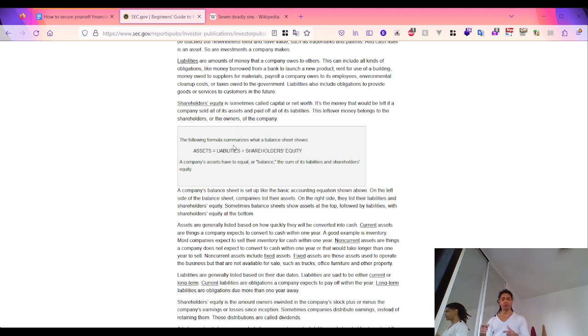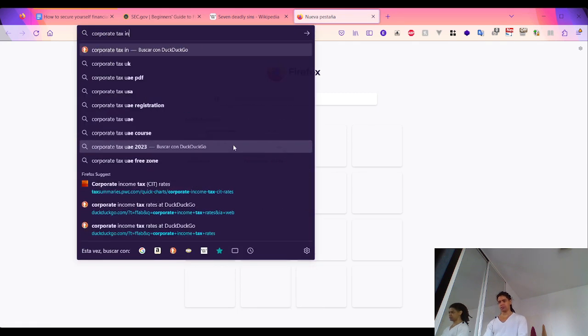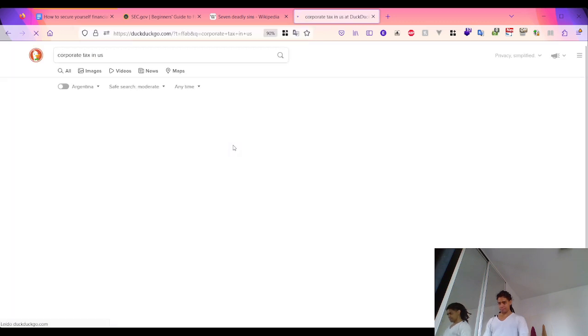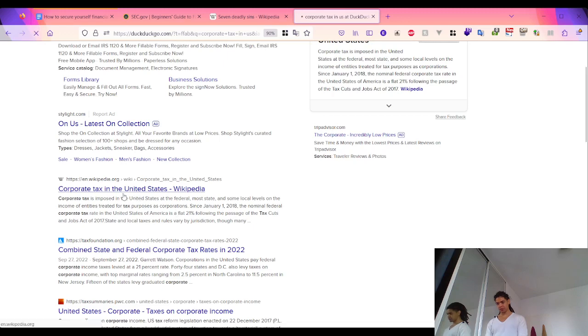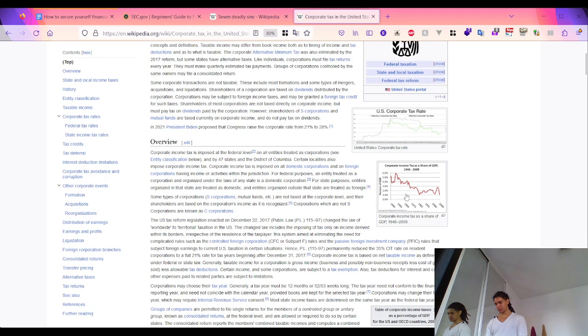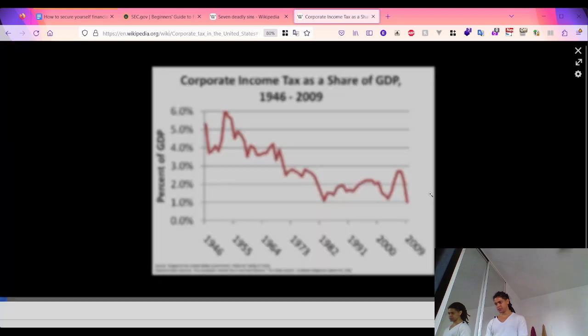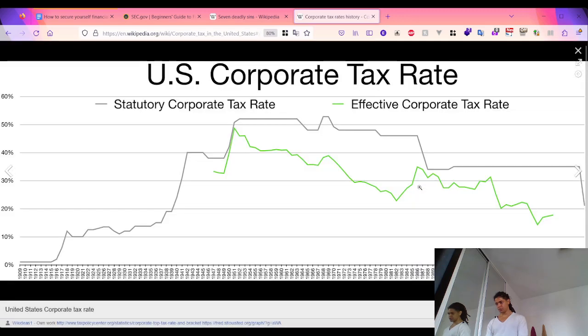So you have corporate tax, which in the United States is something around 21% right now. So if I recall the corporate tax in the US, statutory corporate tax, effective corporate tax rate.